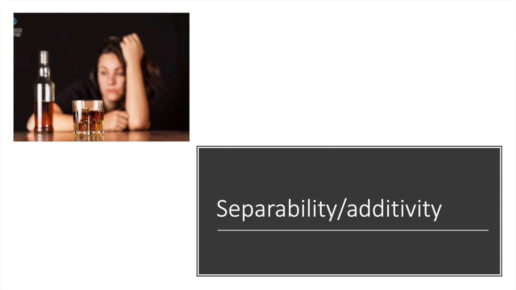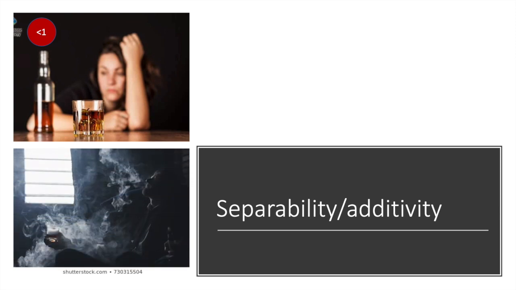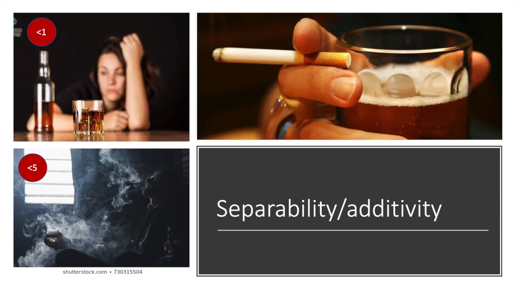For example, if we know that alcoholics live 1 year less than non-alcoholics, and we also know that smokers, I don't know, for example, live 5 years less than non-smokers, then an alcoholic who is also a smoker, thinking in the context of linear regression, of course, should live 1 + 5 years less than normal healthy people who are not smoking, who are not alcoholics.